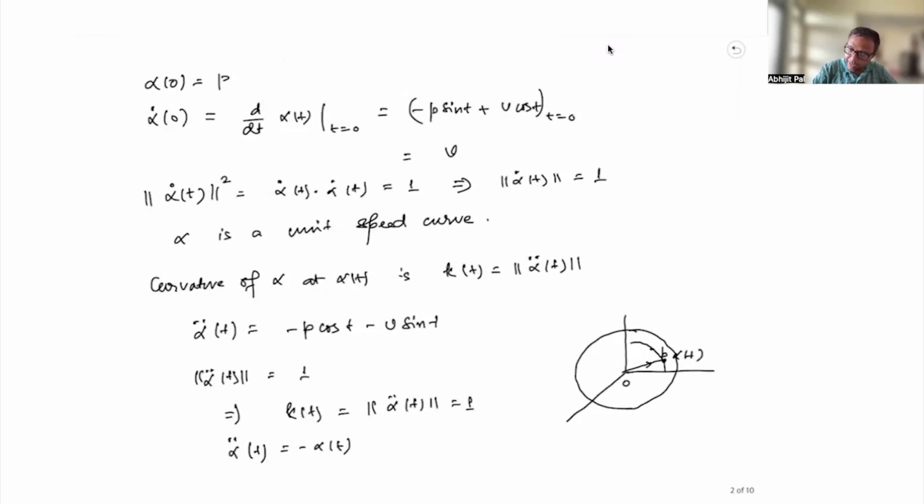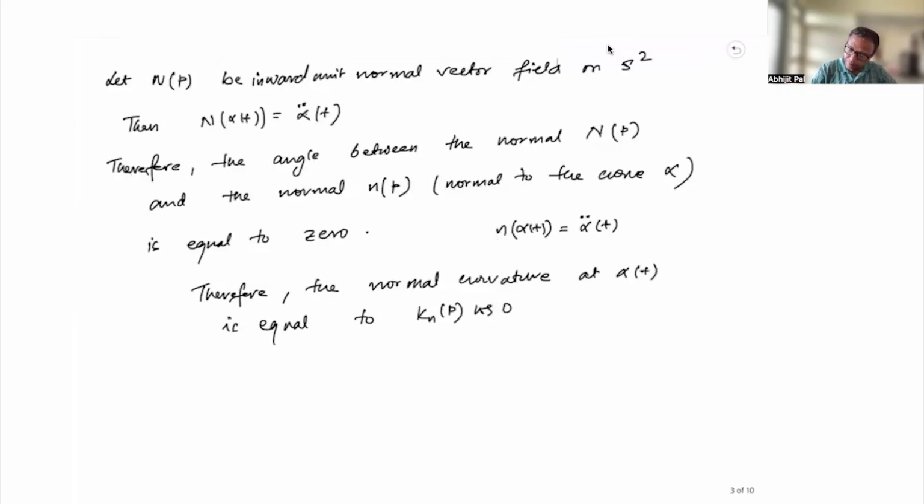Already we have seen that this KT is equal to norm of alpha double dot t, which is equal to 1. So this will be equal to 1 multiplied by 1, which is equal to 1. Therefore, the normal curvature at alpha t is equal to 1.